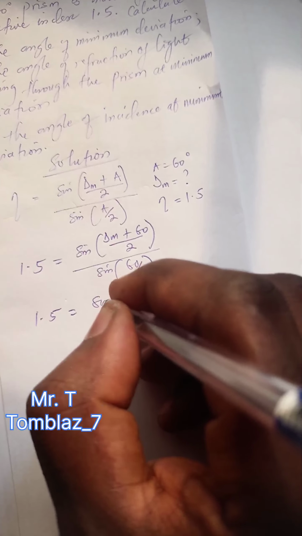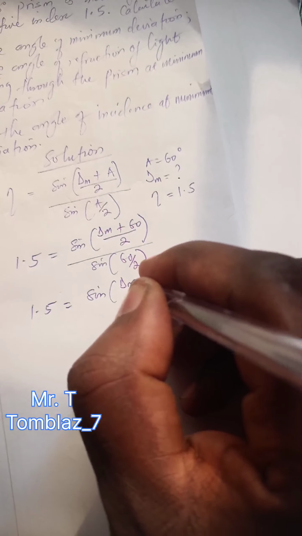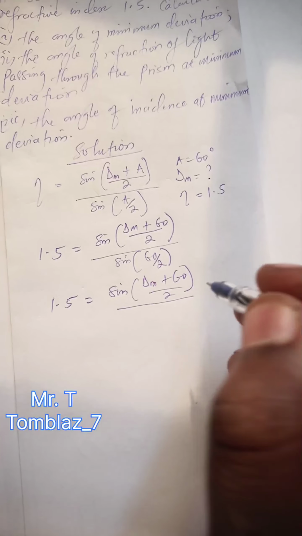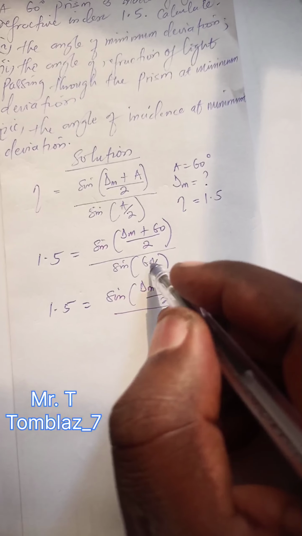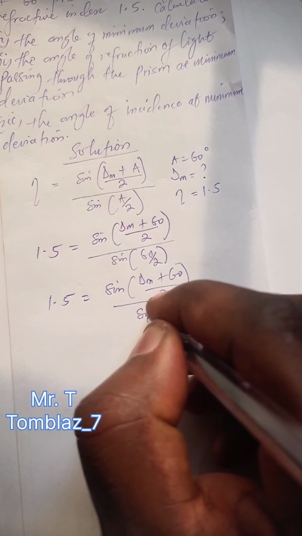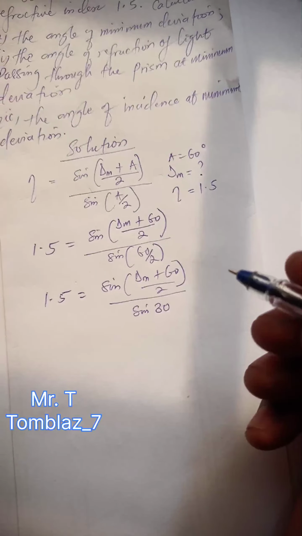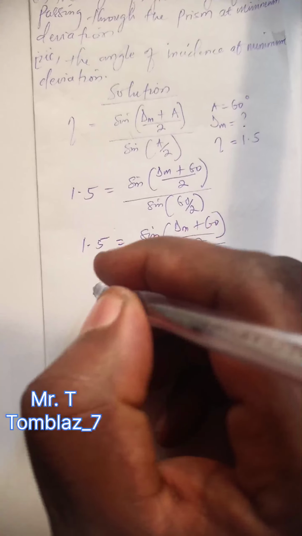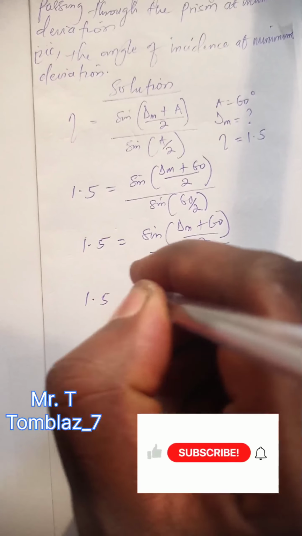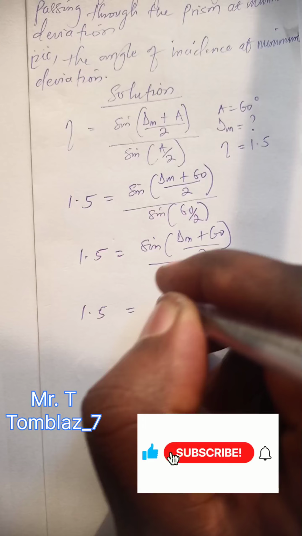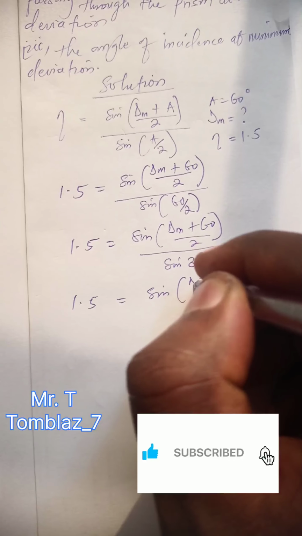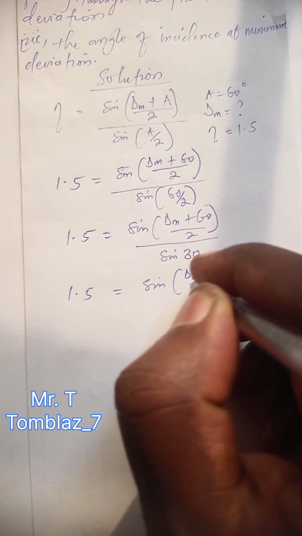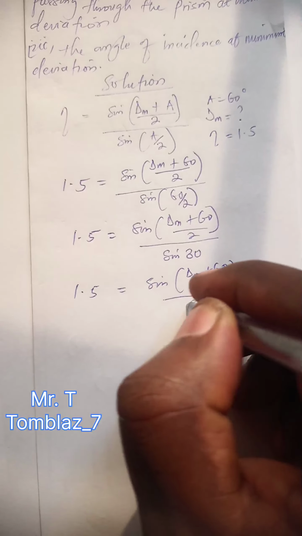Here we can just leave the numerator as sine of Dm plus 60 over 2. Then the denominator now, 60 divided by 2 will give you 30, right? So what is sine 30? Sine 30 is 0.5. So we have 1.5 equals sine of Dm plus 60 all over 2, divided by 0.5.